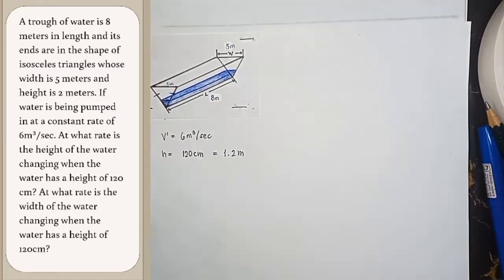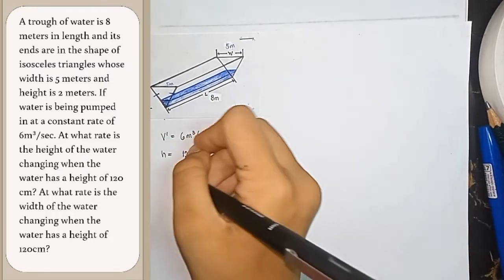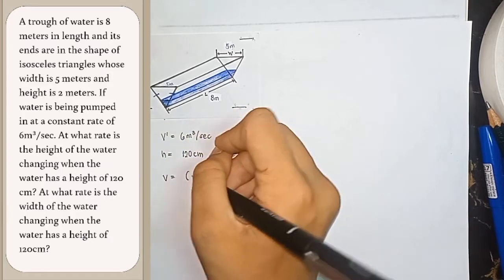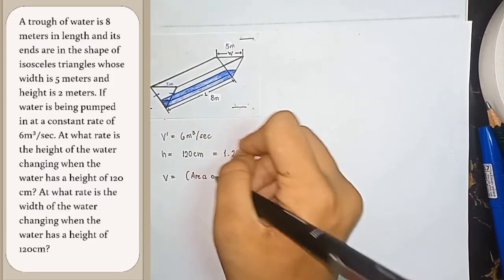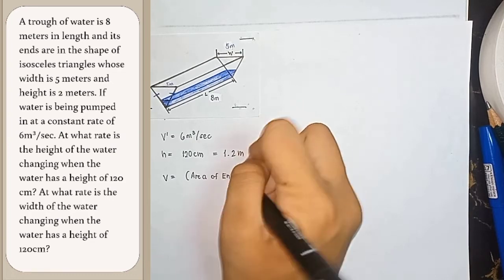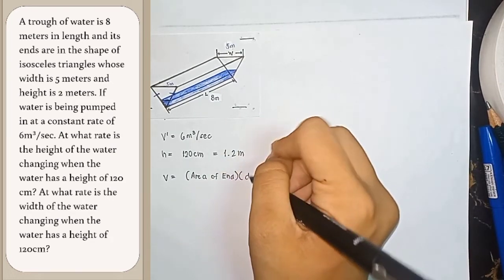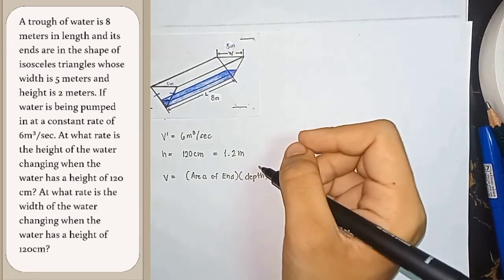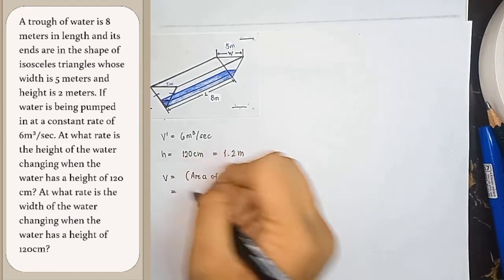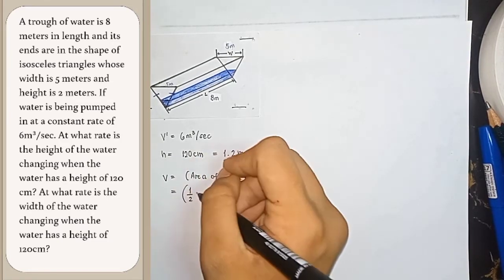The formula for the volume of this trough, we're going to say that the volume is just the area of this end piece, which is a triangle, then multiply by the depth. So it is 1/2 base times height times whatever the depth or length is.